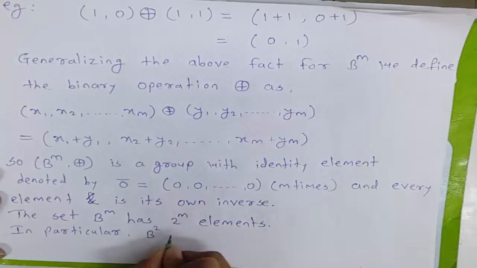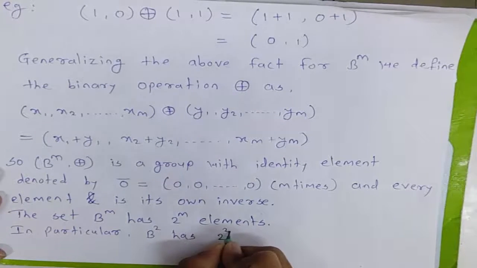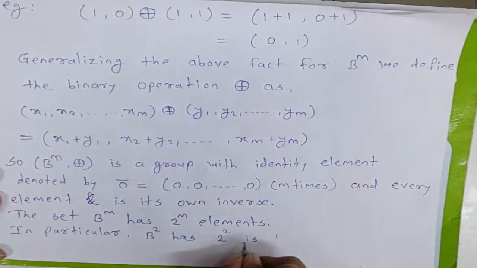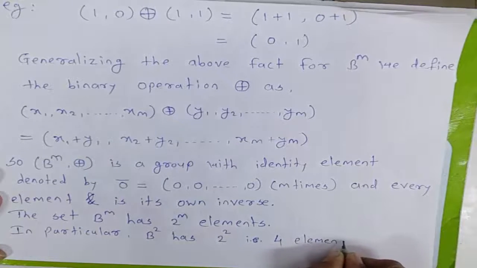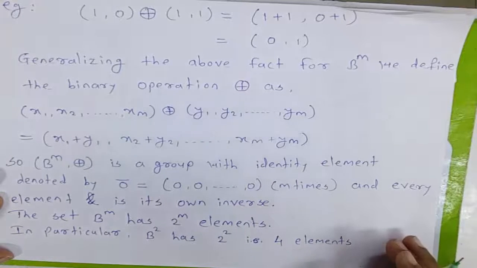Okay, similarly B raised to 3 has 2 raised to 3, that is 8 elements, and B raised to 4 has 16 elements in general.